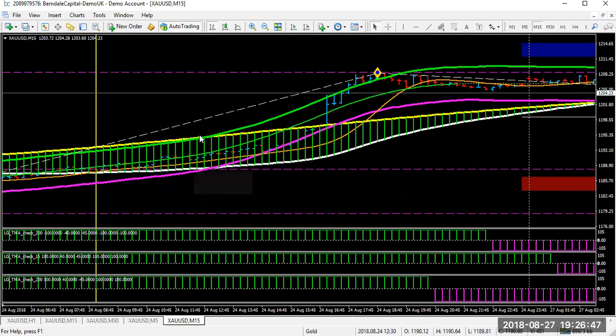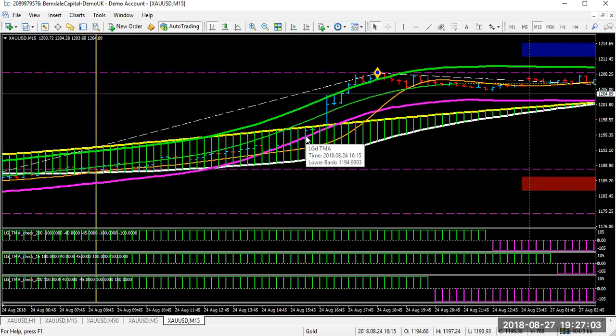We've come down to the 15. We've got green on all windows, 2, 3, 4. We've got green shading with the yellow above the white suggesting upwards. And in the 15, we have even got the greedy line and the white trend line go below the pink riverbank, suggesting even more momentum, yeah?